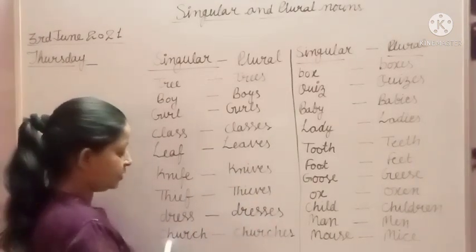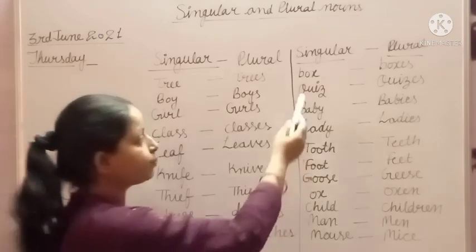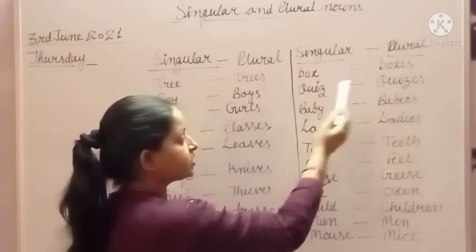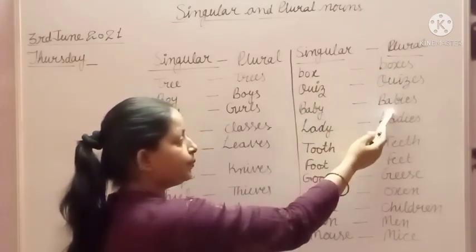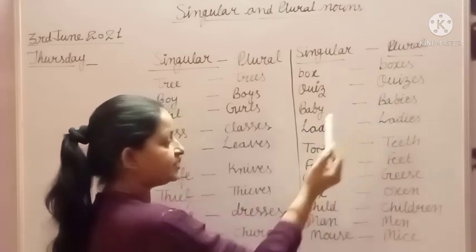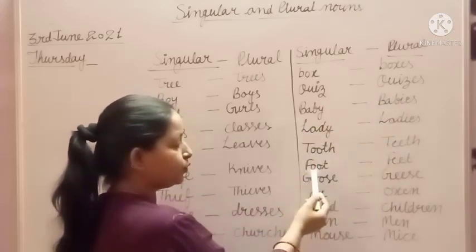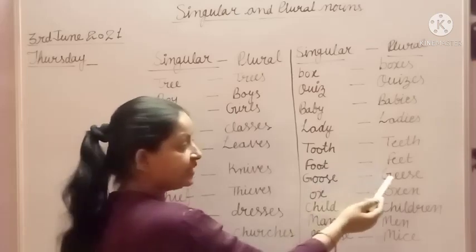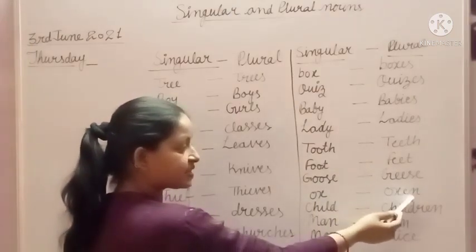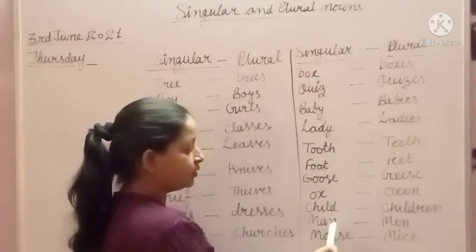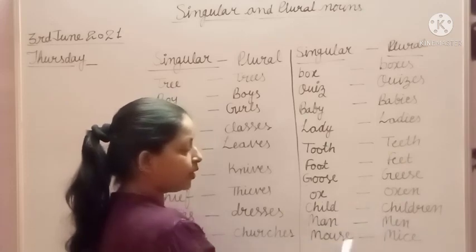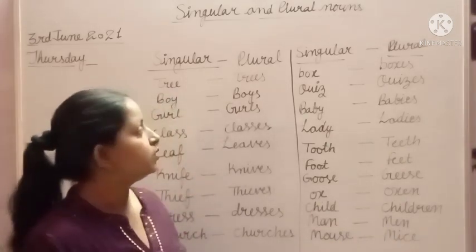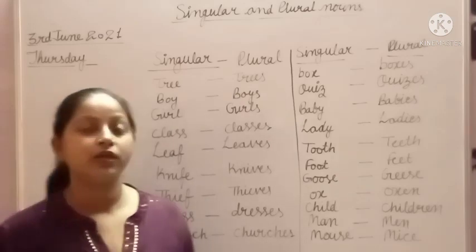Dress, dresses. Church, churches. Box, boxes. Quiz, quizzes. Baby, babies. Lady, ladies. Tooth, teeth. Foot, feet. Goose, geese. Ox, oxen. Child, children. Man, men, mouse and mice.